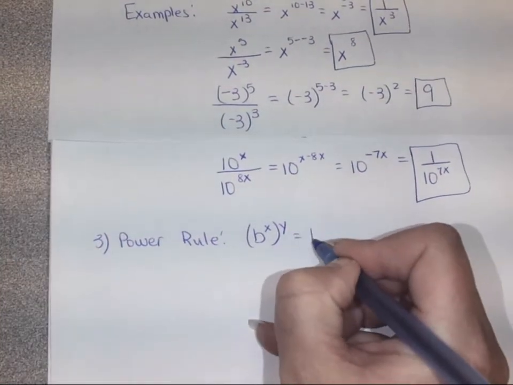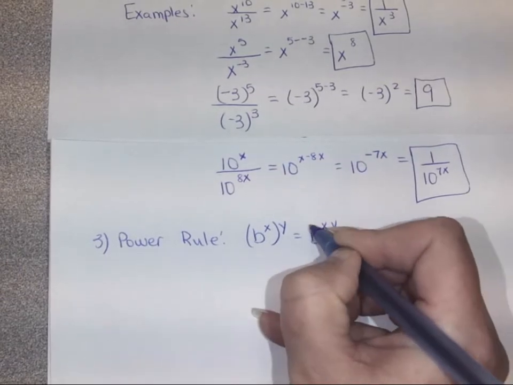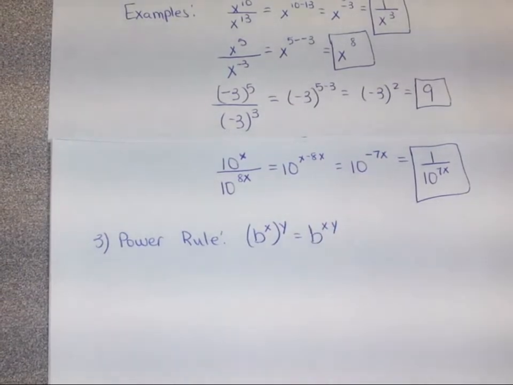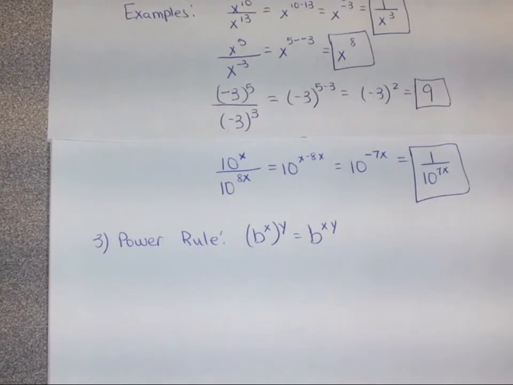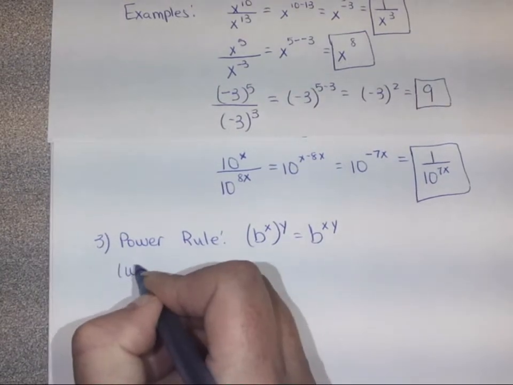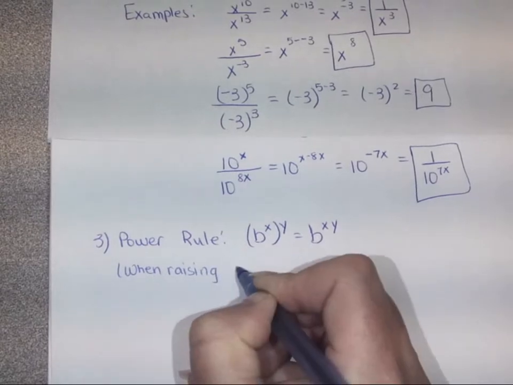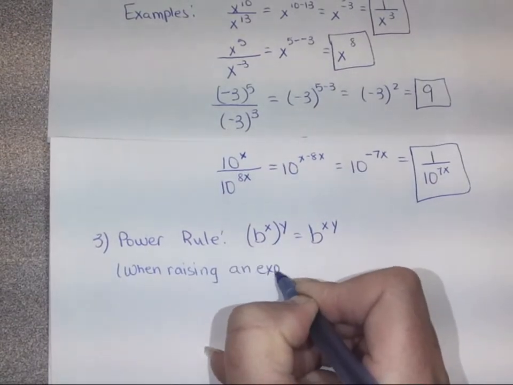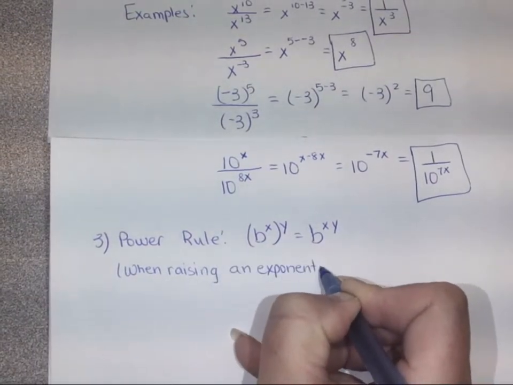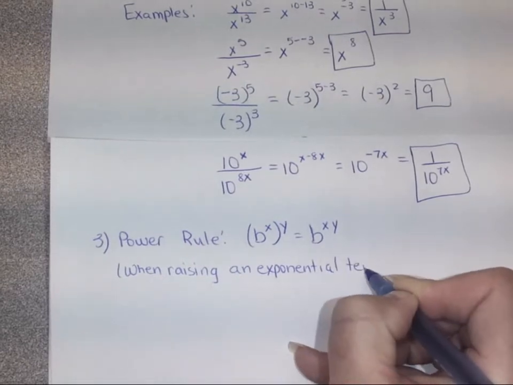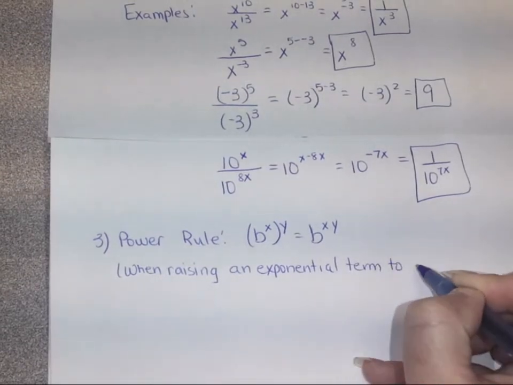And when that happens, you are supposed to do what with the exponents? If you remember from the first week? Multiply them? Okay. So here's the explanation of that rule. When raising an exponential term to another power, multiply the exponents.